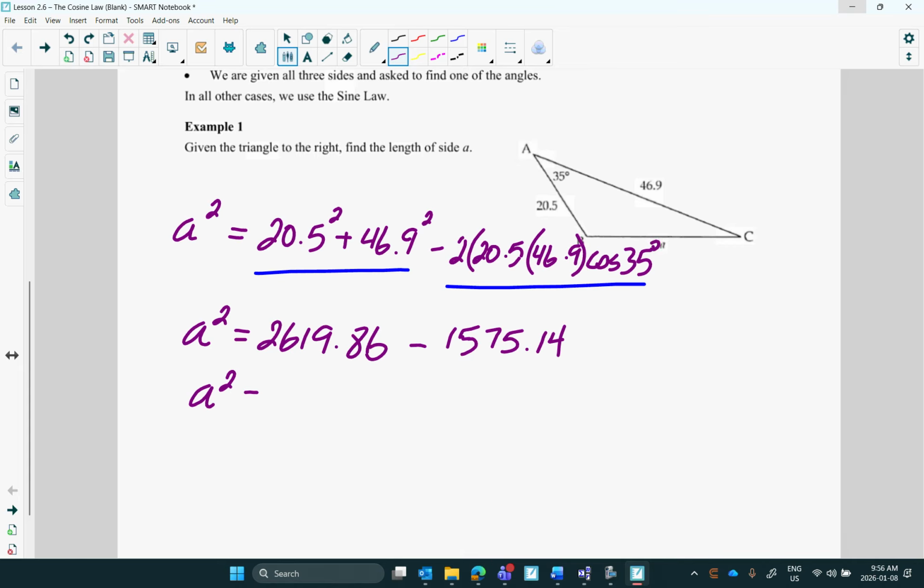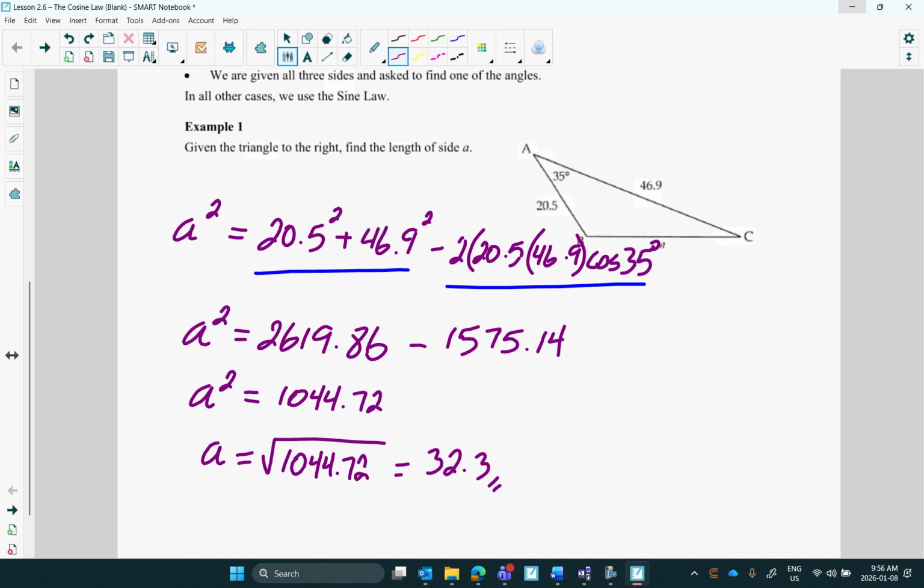When I subtract, a squared is going to be 1,044.72. Therefore, a is going to be the square root of 1,044.72. The question doesn't say what to round it to, so we can go 1 or 2 decimal places, it doesn't matter. I'll go 1. We get about 32.3.